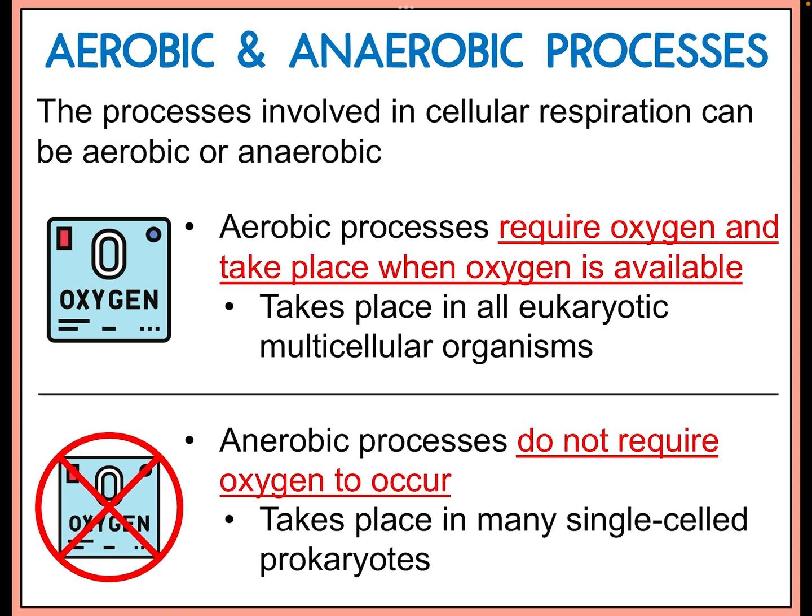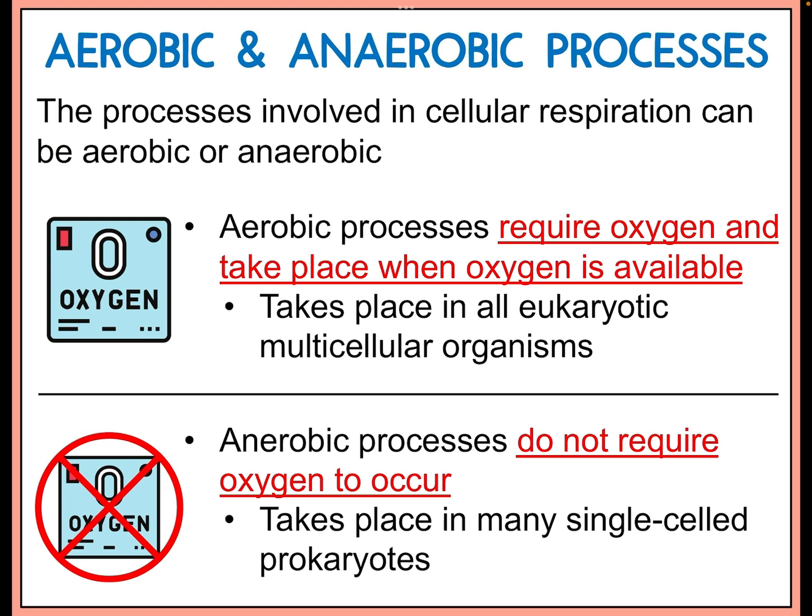When we talk about cellular respiration, we need to understand there are aerobic and anaerobic processes. These processes are involved in cellular respiration, and an aerobic process requires oxygen, and takes place when oxygen is available.